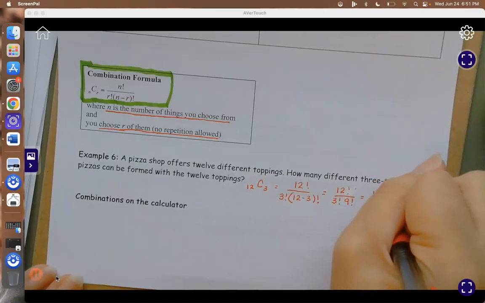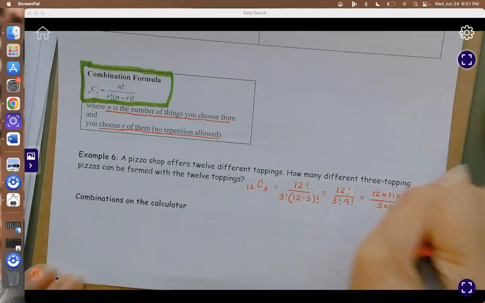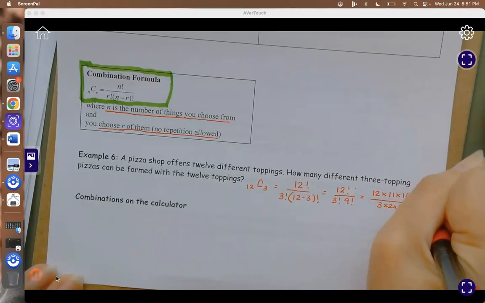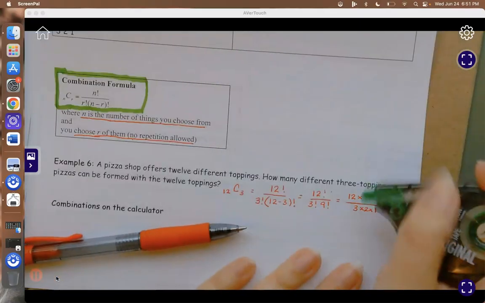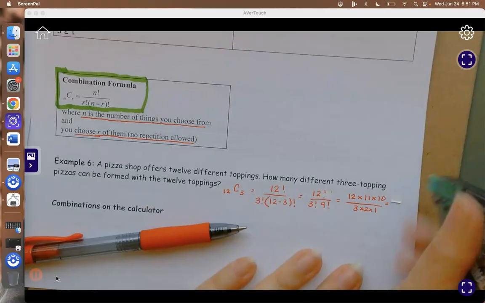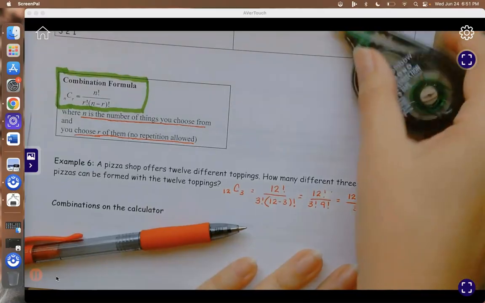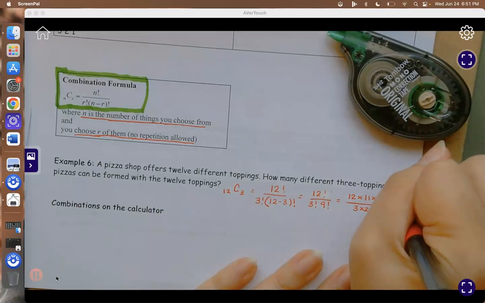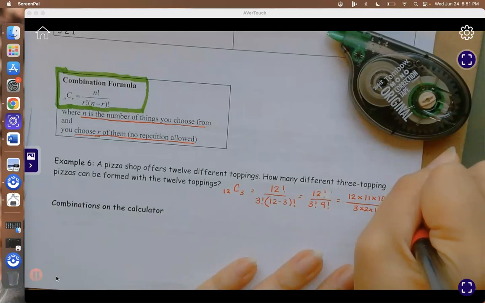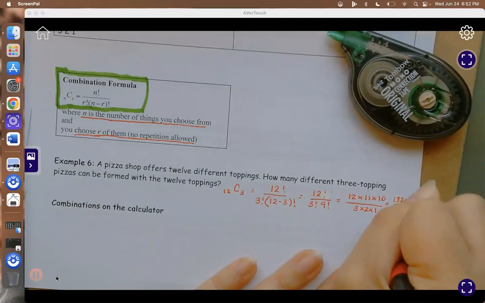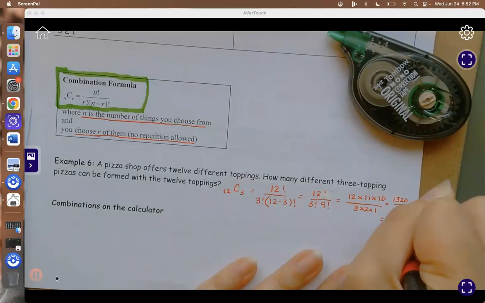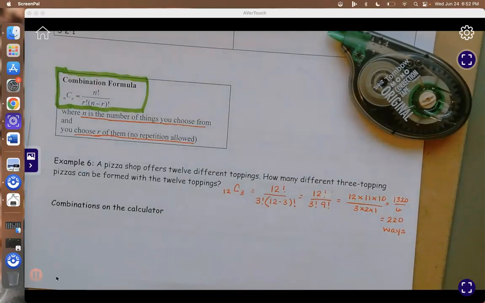But then we have the 3 times the 2 times the 1. So that's going to give me 1320. That was not very pretty. 1320 over 6, which gives me 220 ways they can make that pizza with 3 toppings, choosing 3 toppings out of the 12.